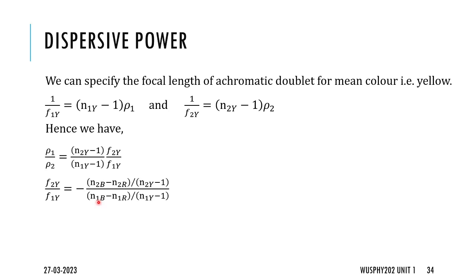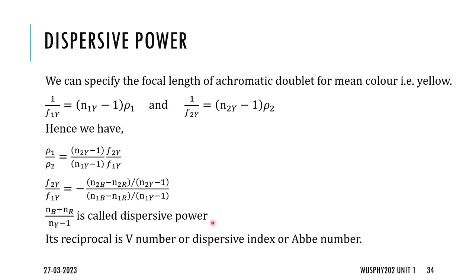The denominator is also the same. Okay, this is for the second lens, this is for the first lens. This quantity, refractive index for blue color minus refractive index for red color upon refractive index for yellow color minus 1, is called the dispersive power of the material.